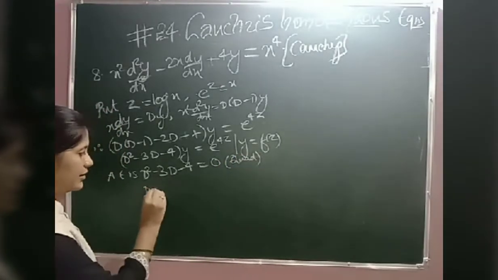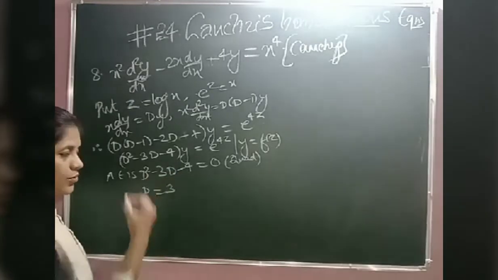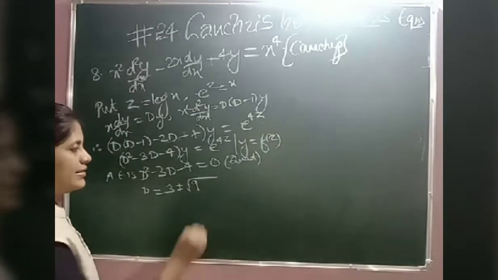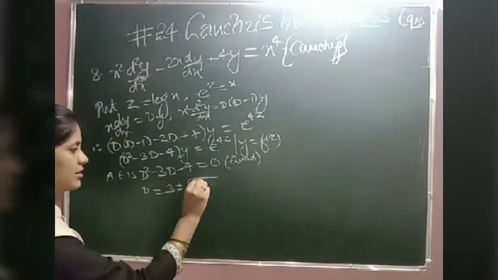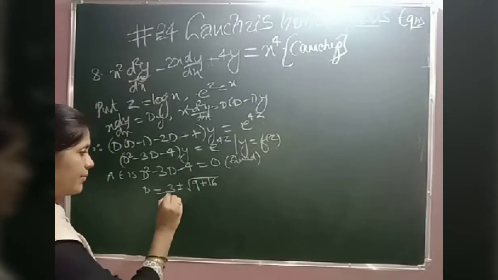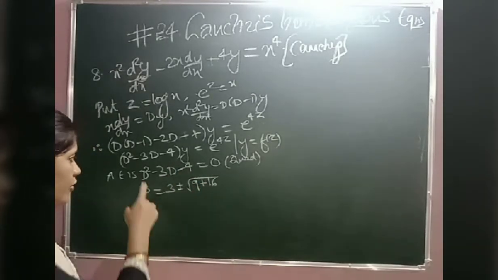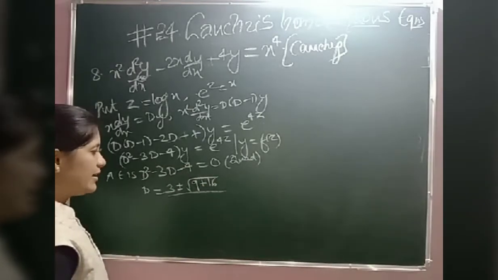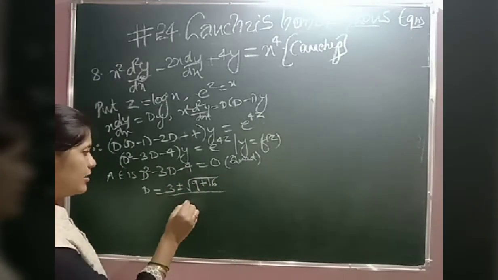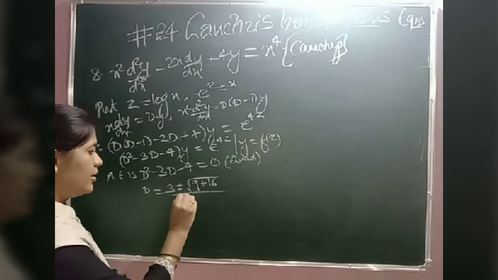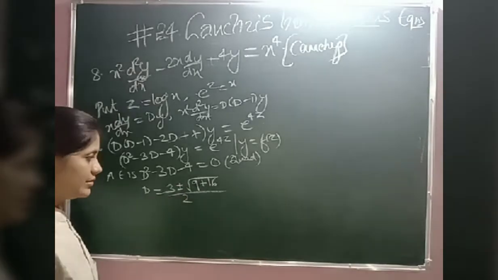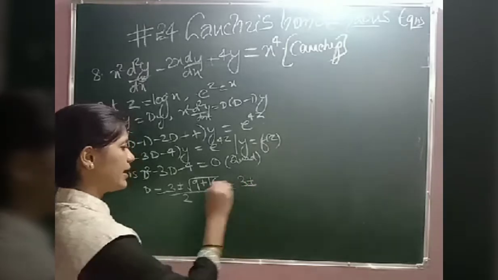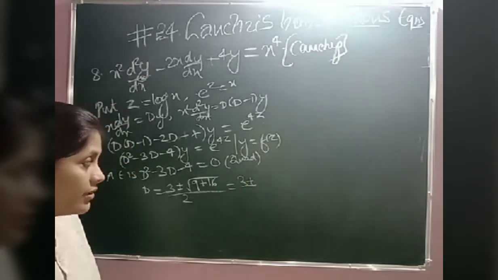So discriminant method, D equal to minus b plus or minus square root of b square minus 4ac, minus minus plus 4, 4 fours are 16, plus 16, whole divided by 2a. So what is that? 2a is 2. So this gives, what is this? 3 plus or minus square root of, what is 9 plus 16?